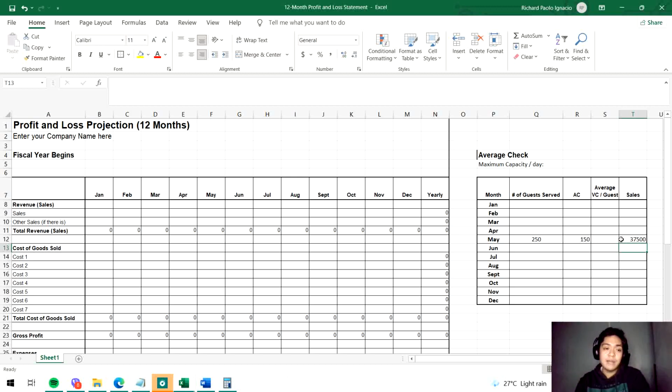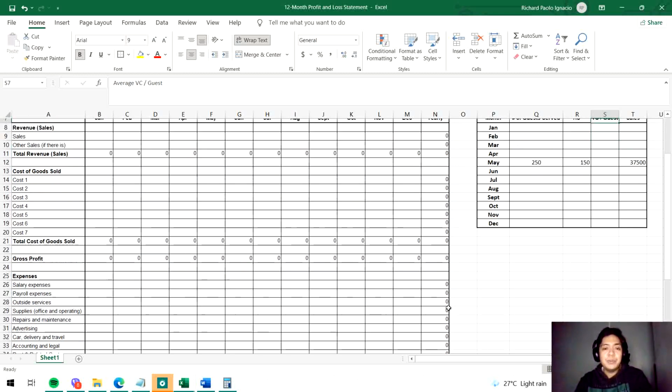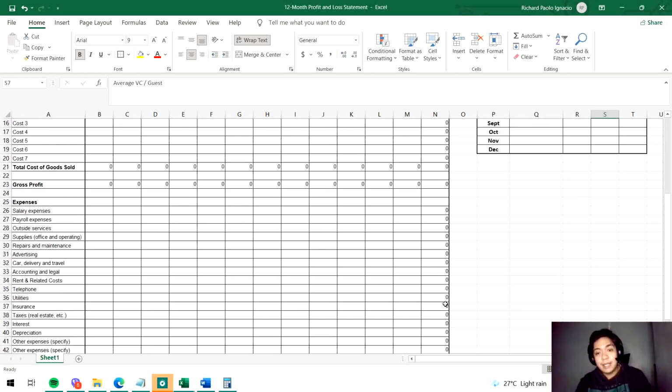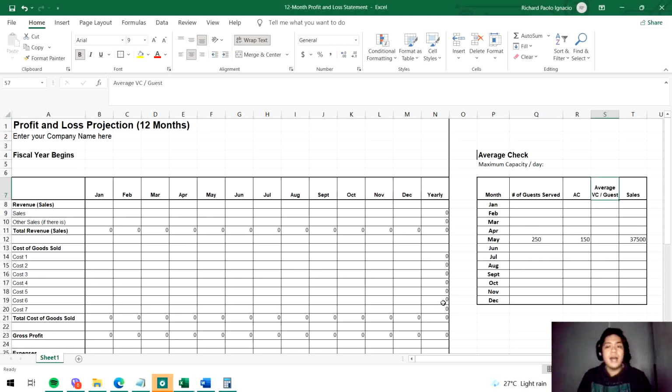The next thing that we have to do or consider is to get the average variable cost per guest. Now, di ko pa pala ito na-discuss sa inyo, pero sa business kasi, we have two types of costs. We have variable cost and we have fixed cost.